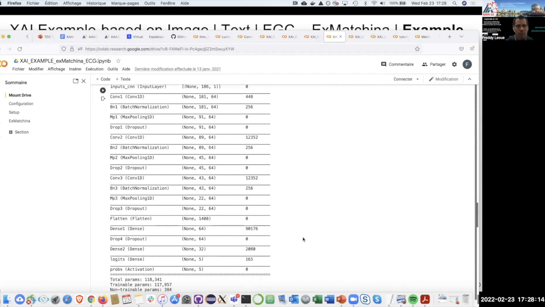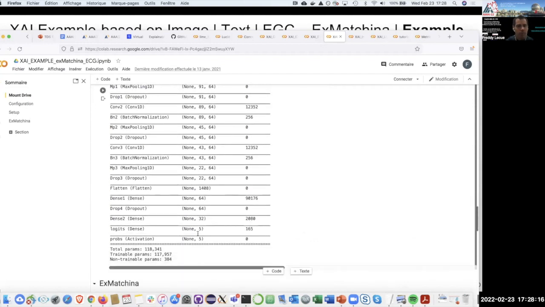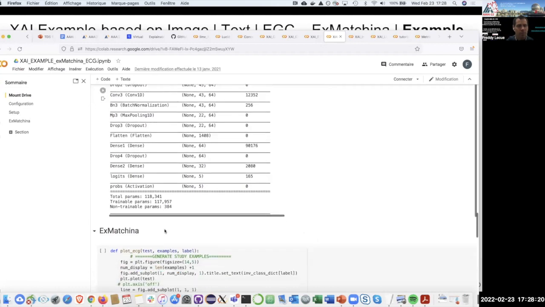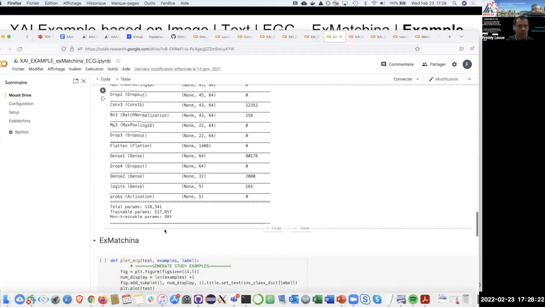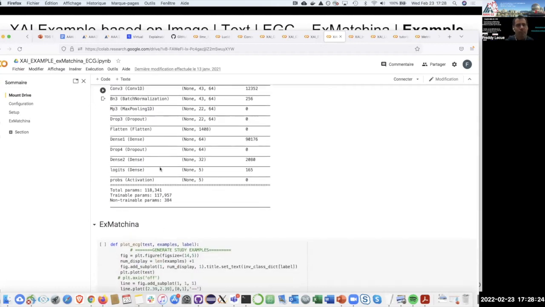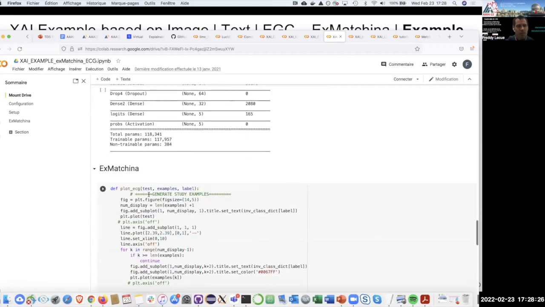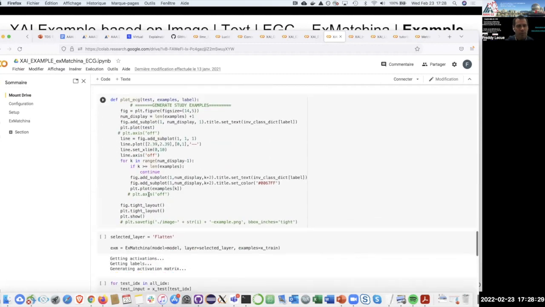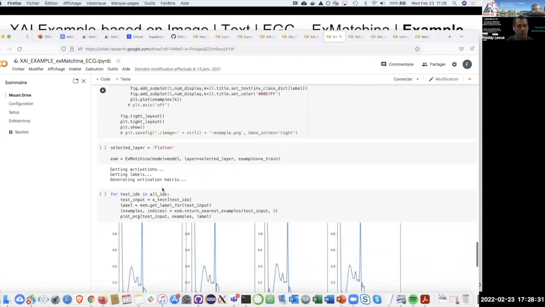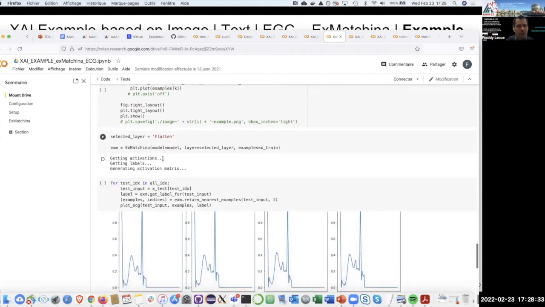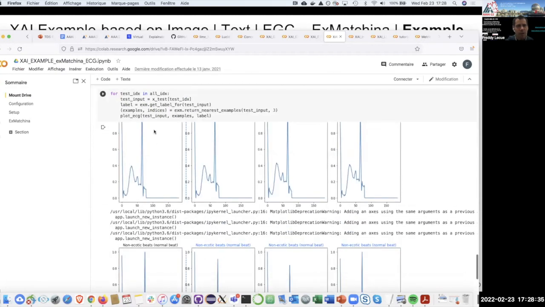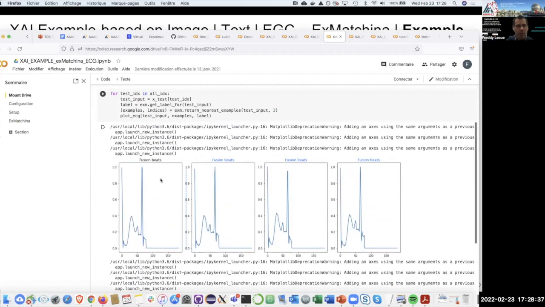It's slightly more complex than the text one, but similar in spirit to the one for the image, and then you use example based. You use the flattened one here, and the example is the heartbeats, and they give you examples of it. So it's basically example based.